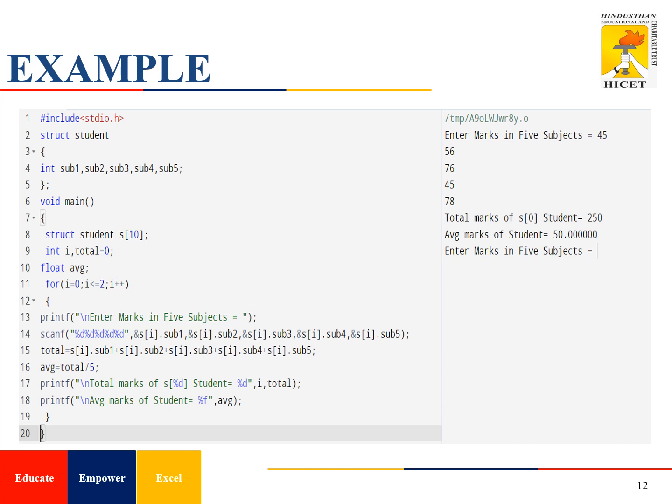On the right side you can see the output. I'm entering 5 marks, and it prints the total mark of the student is 250 and the average mark of the student is 50, and again it asks for 5 more subjects of another student, and so on.